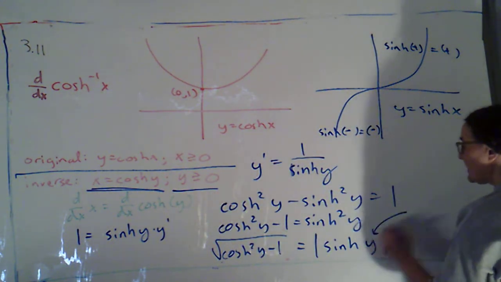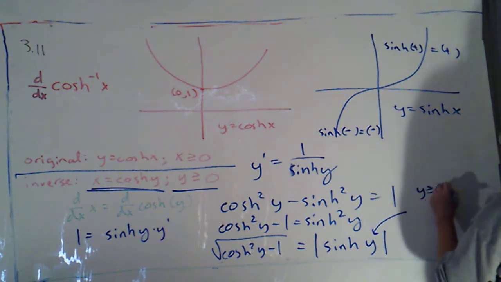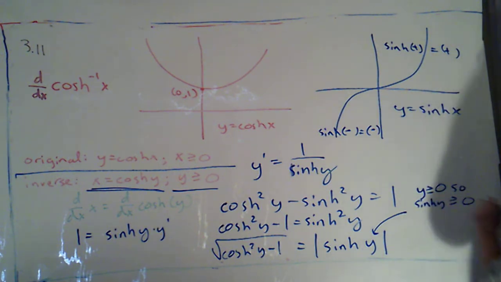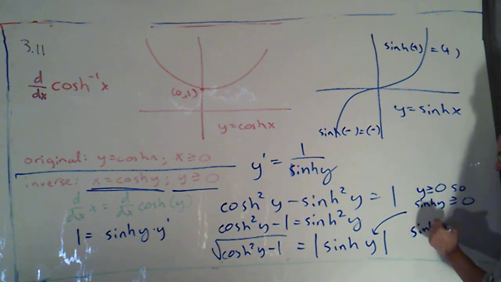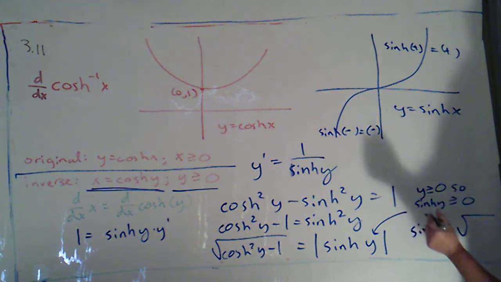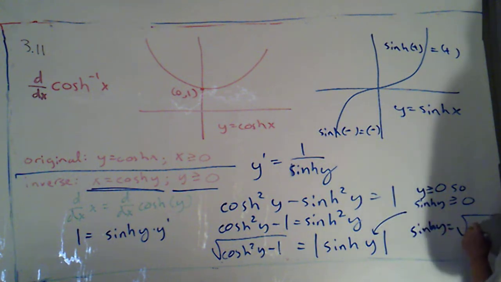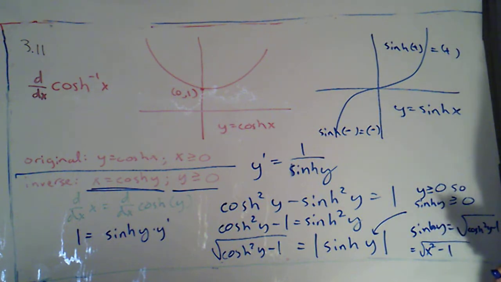So I can say, and you do need to provide a justification for this, y is bigger than or equal to 0, so sinh of y is bigger than or equal to 0, and then I can say sinh of y is equal to the square root of cosh squared y minus 1, which is the square root of x squared minus 1.